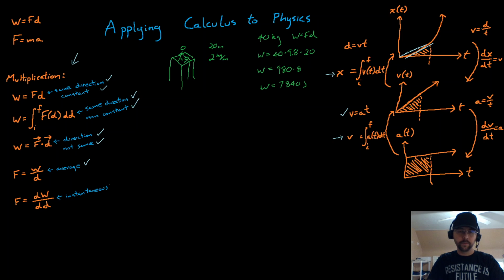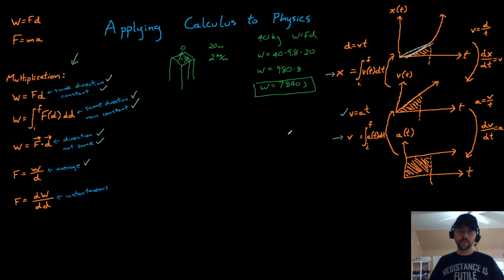So we have 40.8 and 20, 7,840. Okay, so I figured that work equals 7,840 joules. But what have I actually calculated?